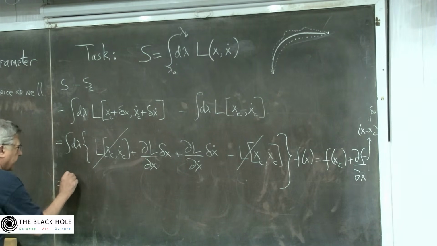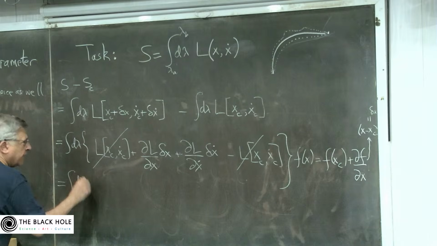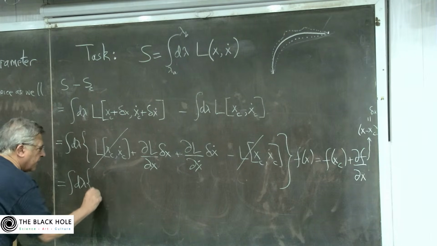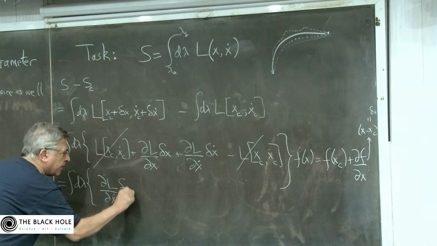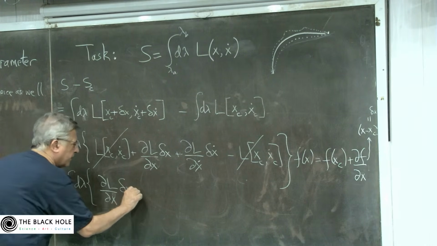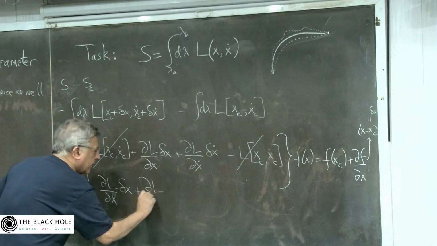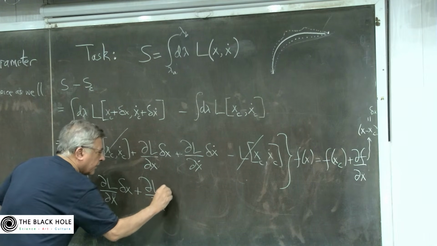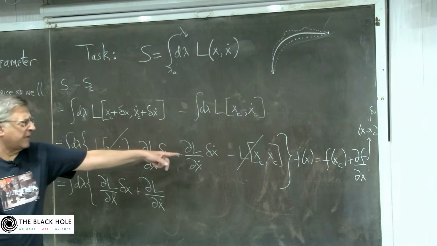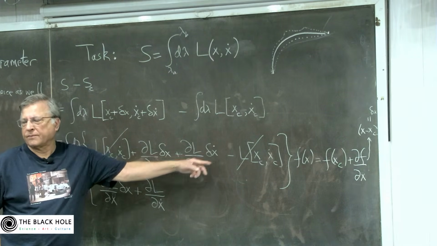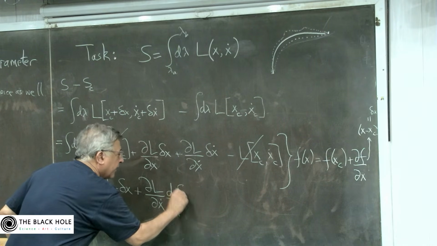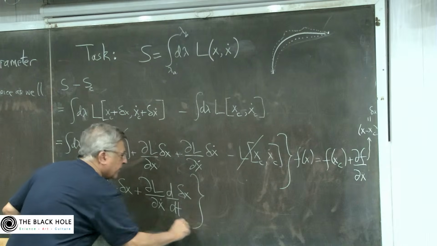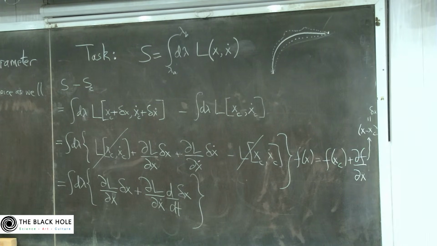So then this is dL by dx dot delta x dot, and delta x dot is this thing, d by dt of delta x. Agreed?